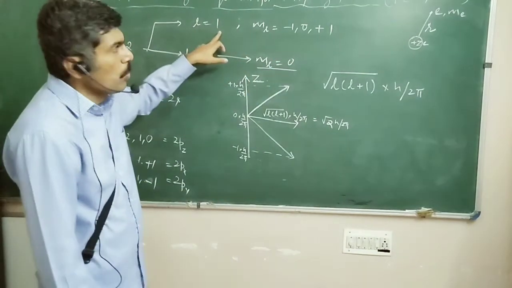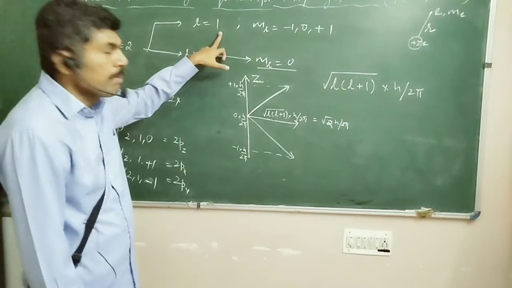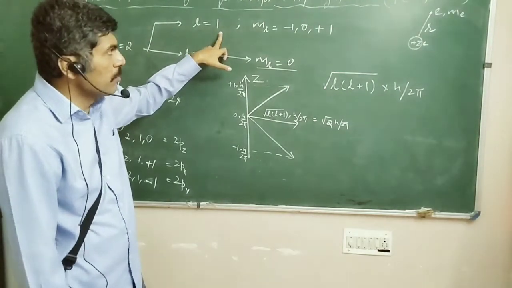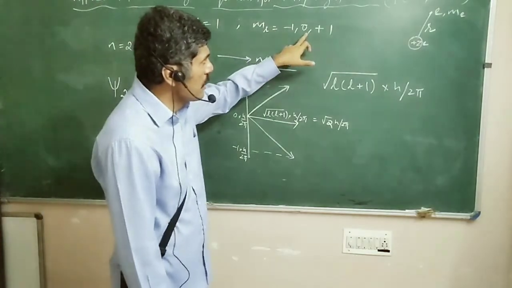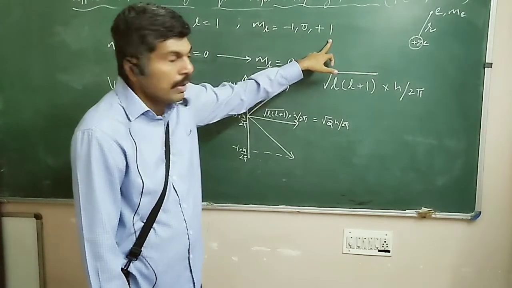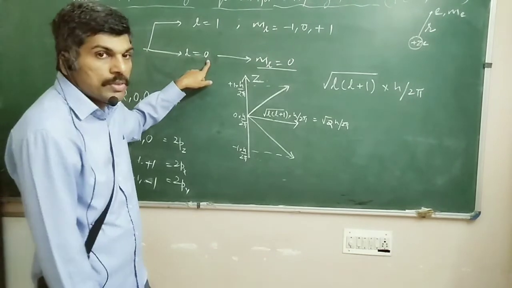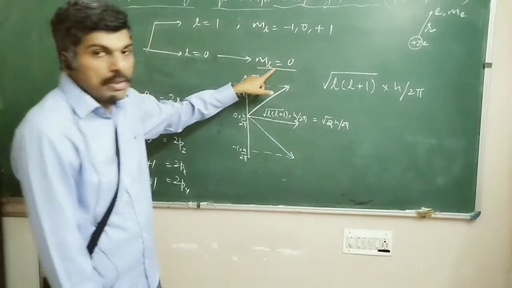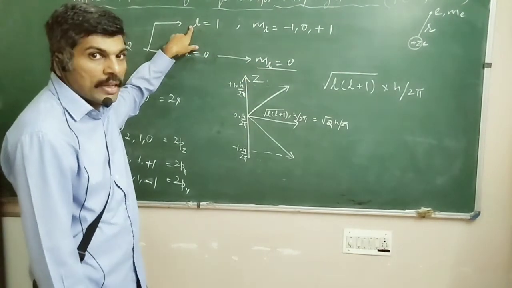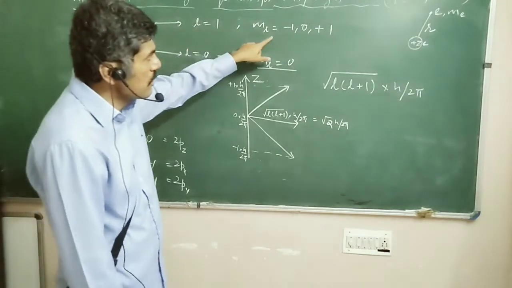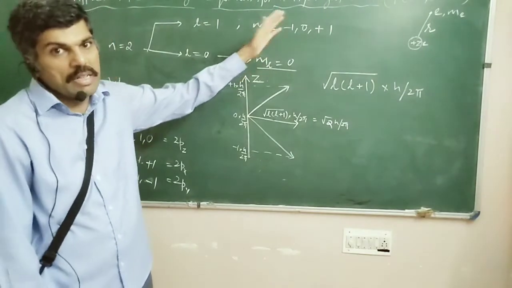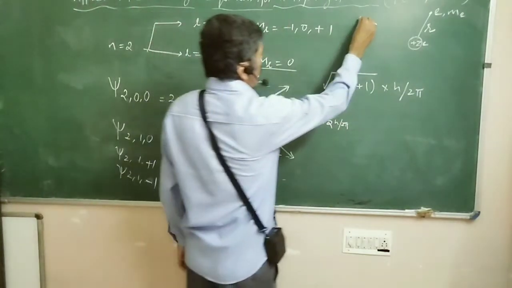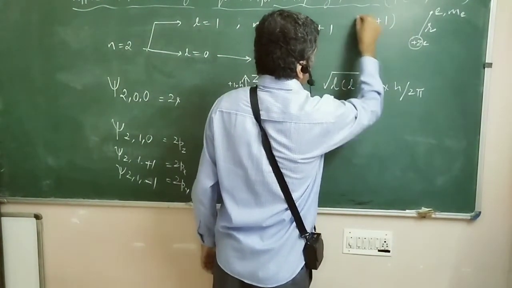But when L is equal to 1, the z components of the angular momentum are given by the quantum number ml, which is minus 1, 0 and plus 1. Please notice that when L is equal to 0, ml equal to 0, and when L equal to 1, ml can take the value minus 1, 0, plus 1. That is from minus L to plus L, a total of 2L plus 1 values.